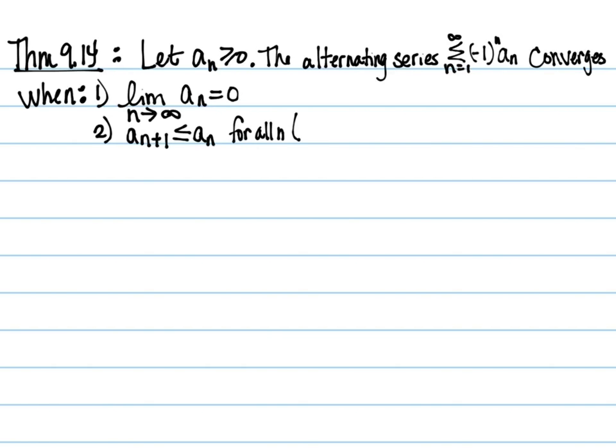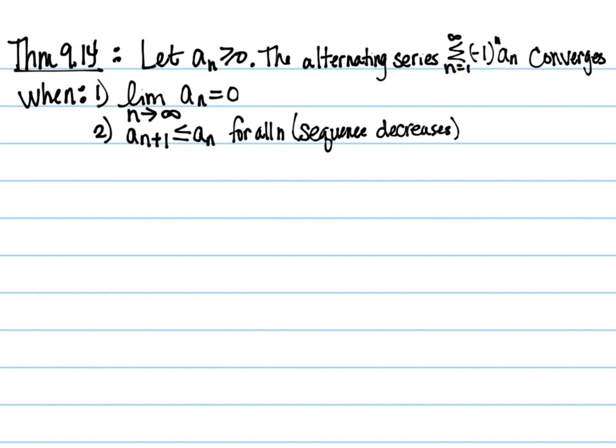So this is basically saying that the sequence is decreasing. If we have those two conditions met, then our alternating series will actually converge.